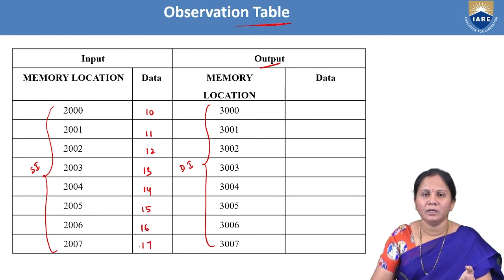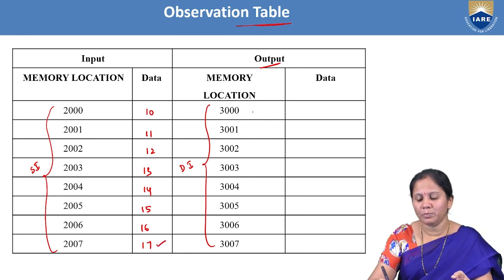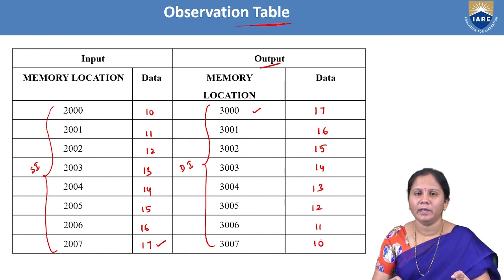Once the program we have written is executed, all these numbers will be arranged in the reverse order. From 2007, it will move to 3000: 17, 16, 15, 14, 13, 12, 11 and 10. So this is how we have to write assembly language programs to perform different string operations.